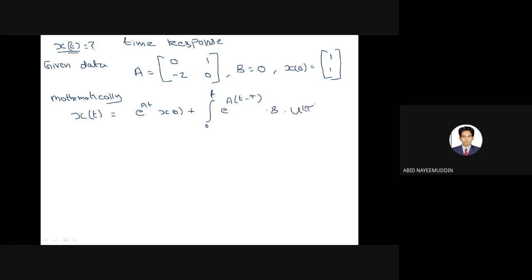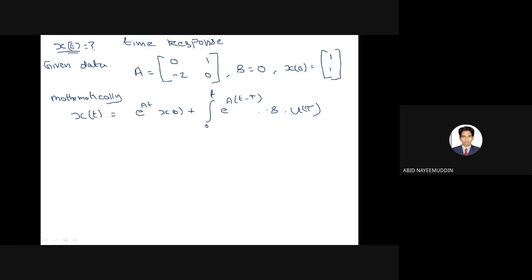Remember, the integration is with respect to tau, not t. This is the formula you need to remember. This is the generalized formula; there is no derivation according to your syllabus. Here you need your memory to remember these things.